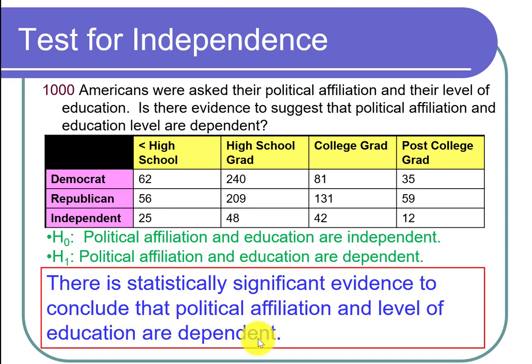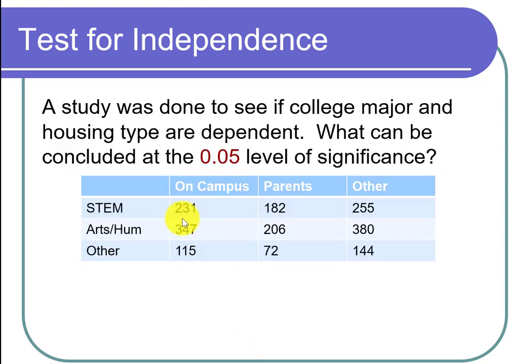Let's do one more example. So here it is. A study was done to see if college major and housing type are dependent. What can be concluded at the 0.05 level of significance? And what we have is housing type: on campus, living with your parents, or other.